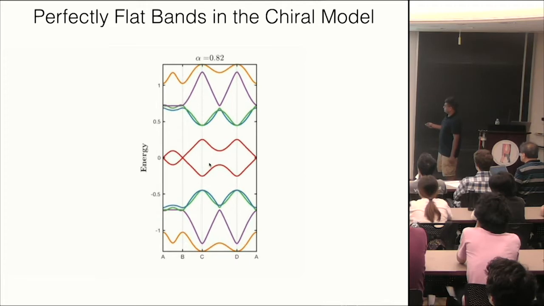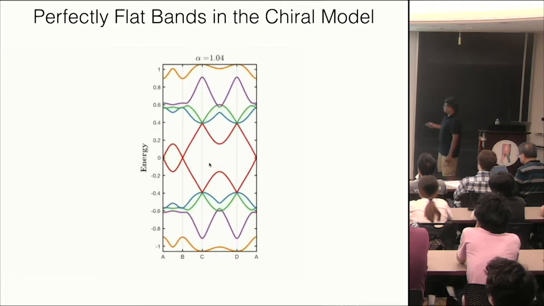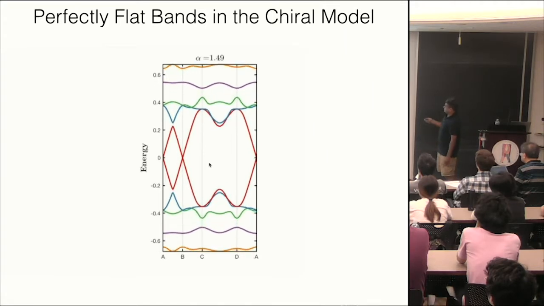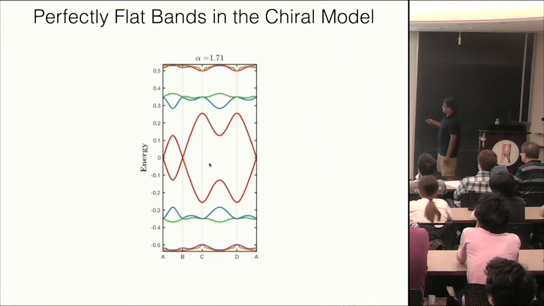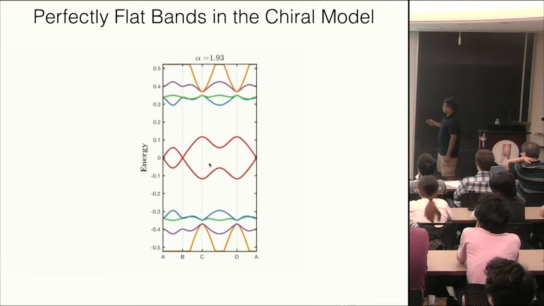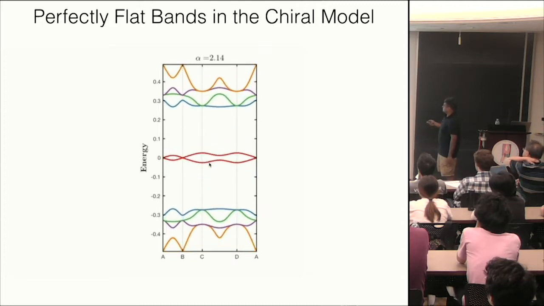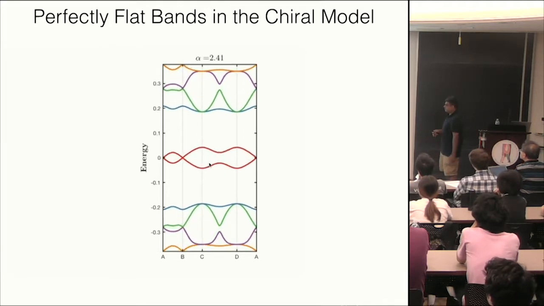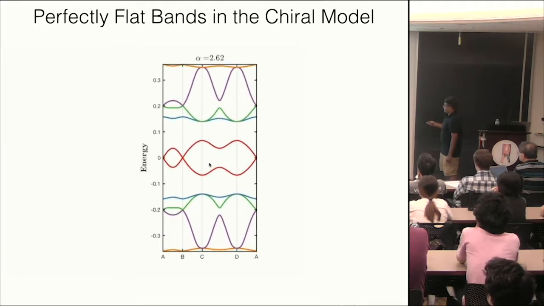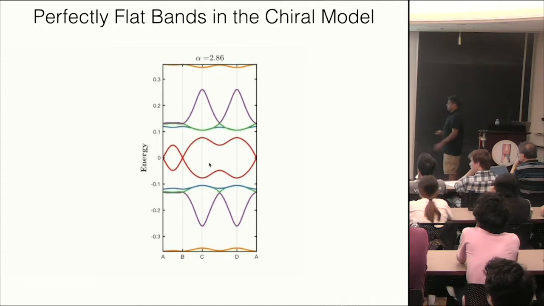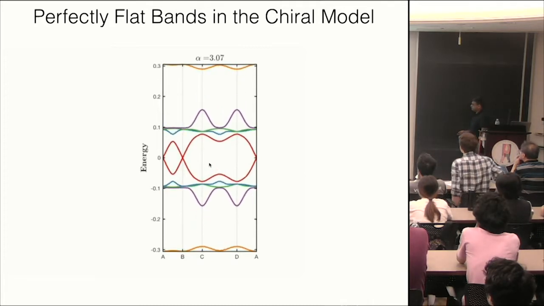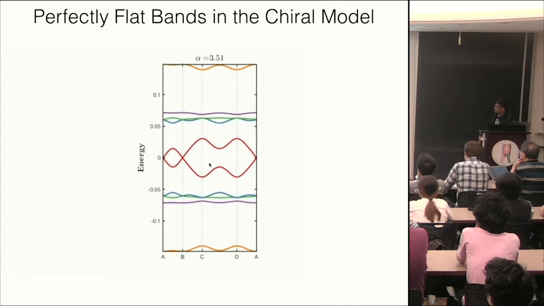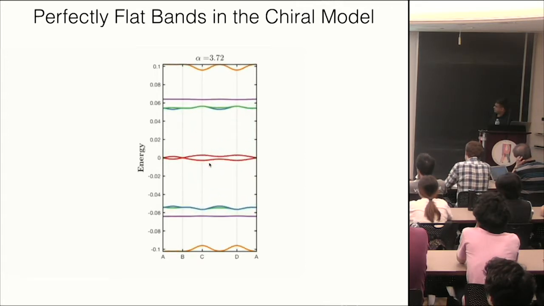It's extremely flat, and then it continues, and at some lower angle, this angle is about 4 times smaller than the first one, you get the second magic angle, again a perfectly flat band. And there's always a big gap. In fact, at those magic angles, you get the maximum gap to the other bands as well. And then there's a third one, and there's a periodicity in these magic angles.